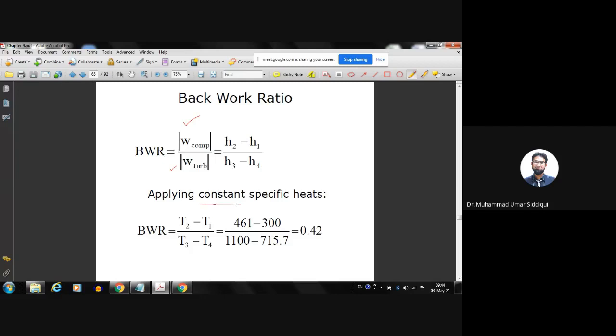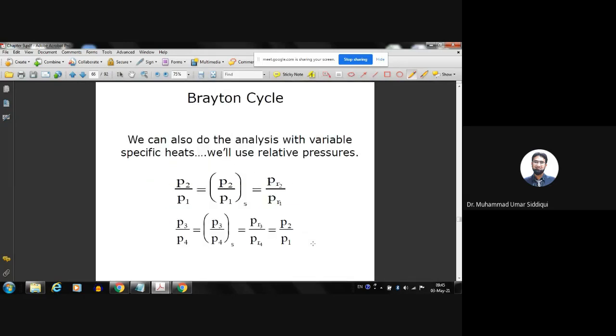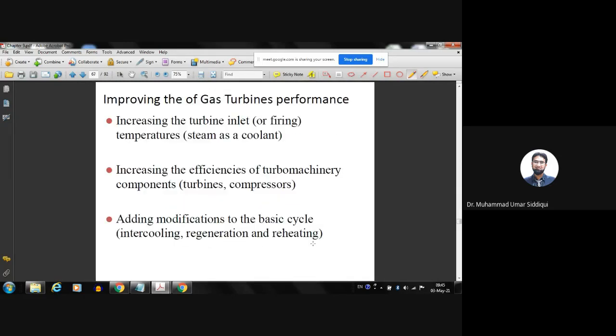So with constant specific heat, it's just the ratio of the temperature differences: (T2 minus T1) divided by (T3 minus T4). Just substitute the values and you get the back work ratio, and that's it. So this is about the Brayton cycle that we have started. We are going to continue with this in our next class, but for this class, we are going to end at this point.